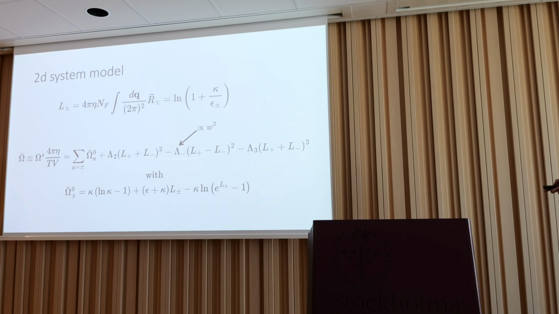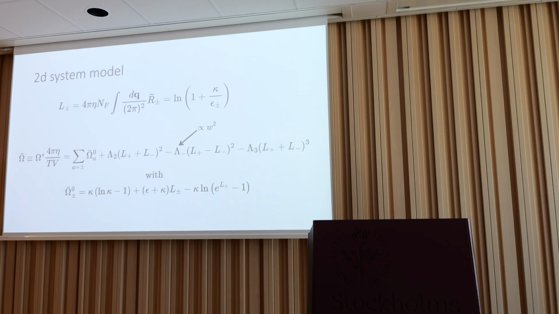Since this is a 2D system, it's also a bit of a weird situation, because in principle, since this model is third order, it always diverges to minus infinity for L plus minus going to infinity.